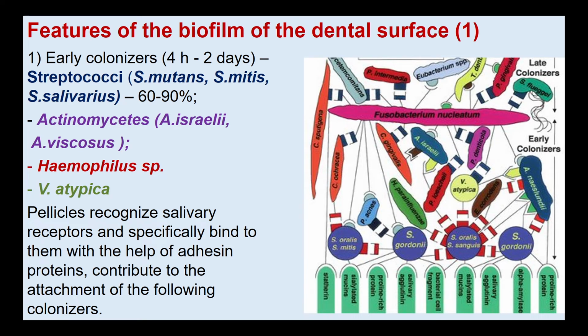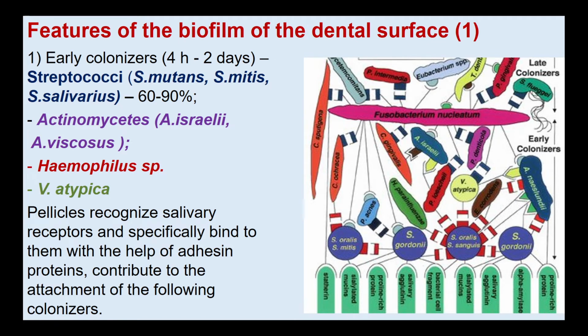Let's look in more detail at biofilm formation on the dental surface. For example, after professional deep cleaning of the tooth, during several hours and up to 2 days, biofilm starts to form.